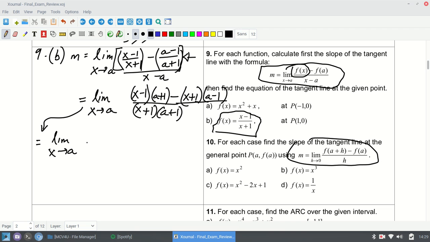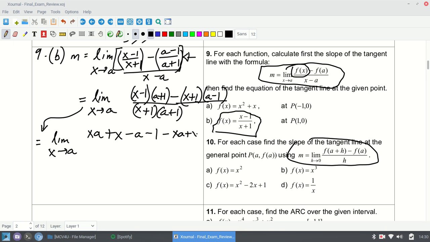Then I have to do some FOIL. So let's do this. xa plus x. Check this. If you're not too happy with this, check it. Minus xa. Plus x. Whoops, hold on.